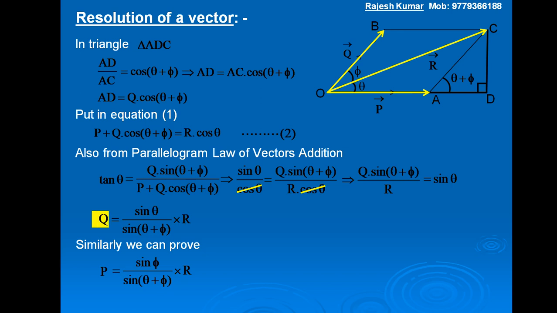If we have to find the magnitude of vector Q, the numerator is sine theta, or sine of the angle between the opposite vector P and vector R. And to find the magnitude of vector P, the numerator is sine phi, the sine of the angle between the opposite vector Q and vector R. So by this method, we can find the magnitude of the component of a given vector if the direction is given, that is, the angles with the given vectors are given.